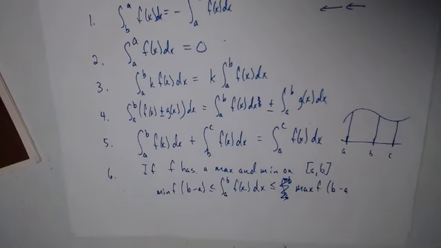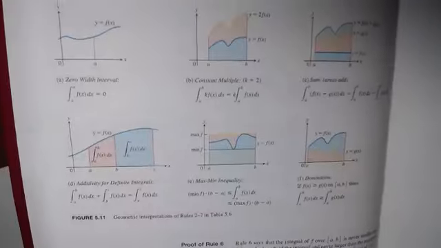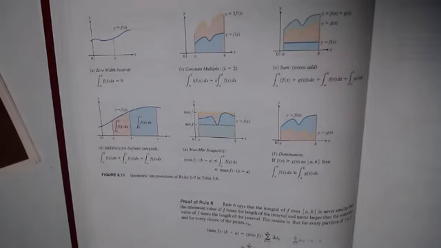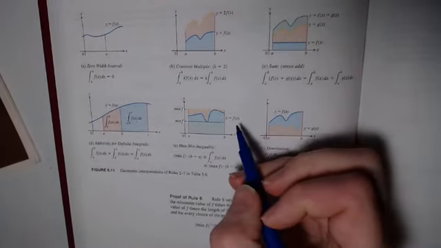And this one is pretty straightforward, but the easiest way to show you this one is with the picture on page 322. So let me show you that one here. These are each neat pictures, and you should check them out for explanation of the others.